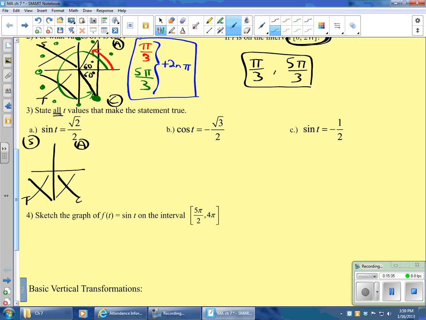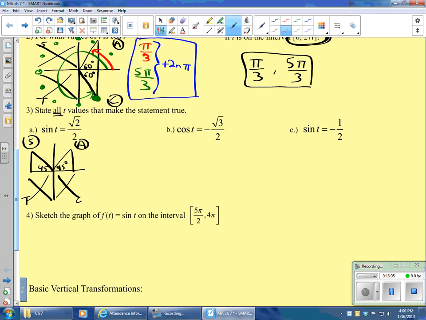Now I've got to think to myself, what angle gives me the sine, or the opposite, to be root 2 over 2? That's a 45-degree angle. So I can draw a 45-degree reference in the second or the first quadrant. Either one of those angles, and when I say angles I mean from the positive x-axis, will give me the correct answer.